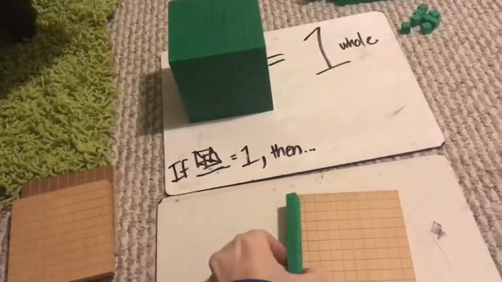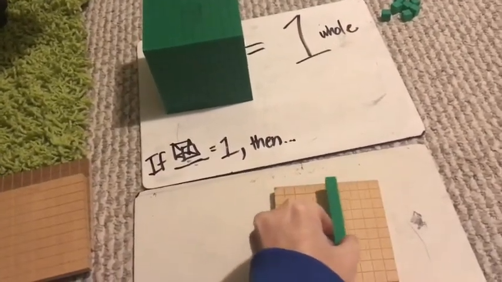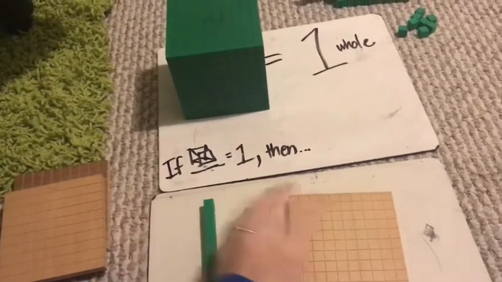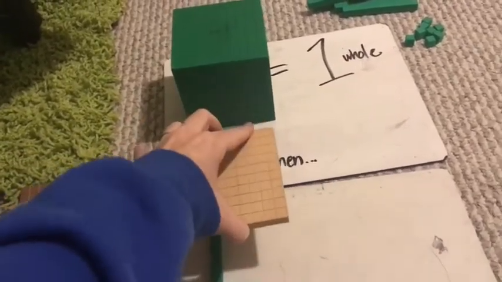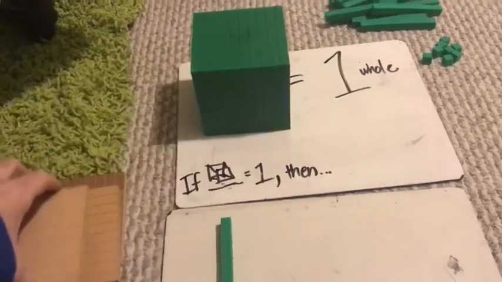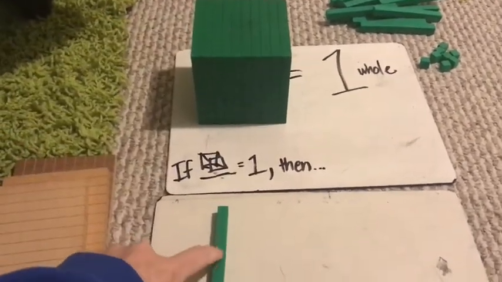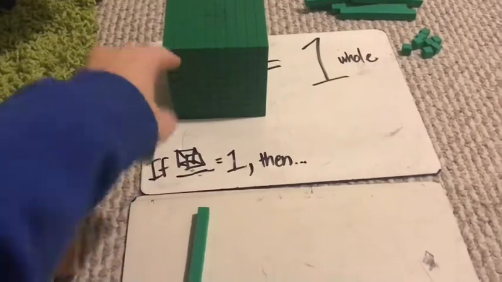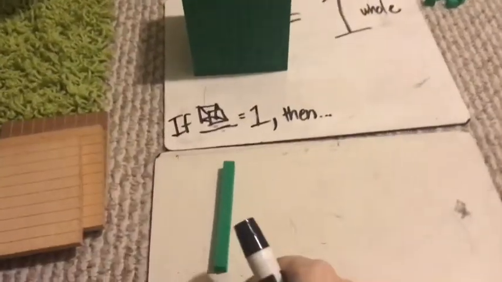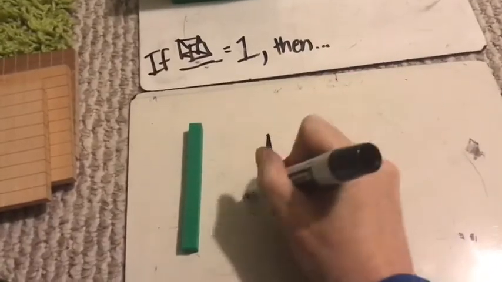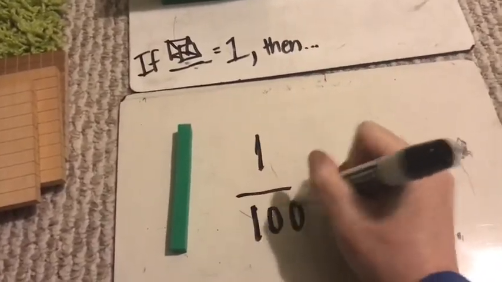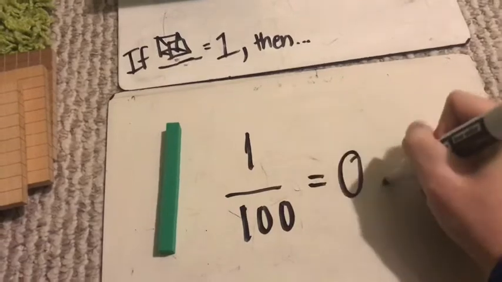Remember how 10 of these made the flat? 1, 2, 3, 4, 5, 6, 7, 8, 9, 10. So if there's 10 of them in each level, and then there's 10 levels of flats that make this, then isn't that 10 groups of 10 of these that make this? 10 groups of 10, that's 100. So this must be 1 out of 100, or 100th.